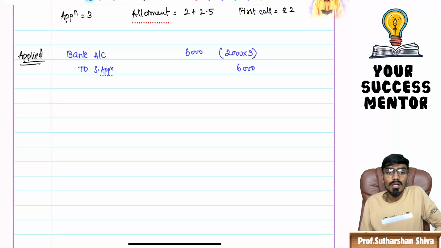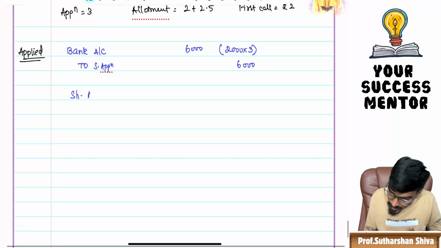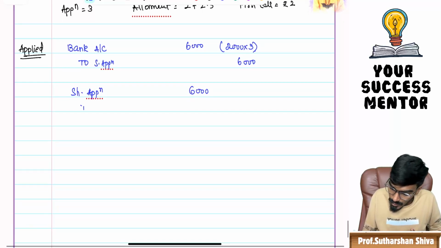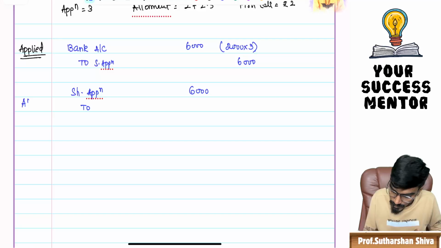Now, come to the next thing. Share application account debited with 6,000. How many shares have been allotted?